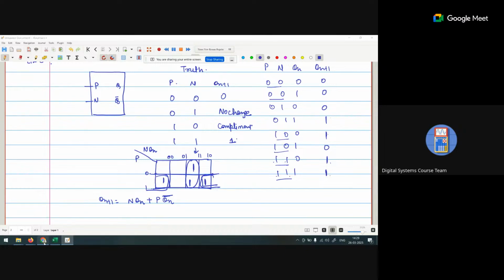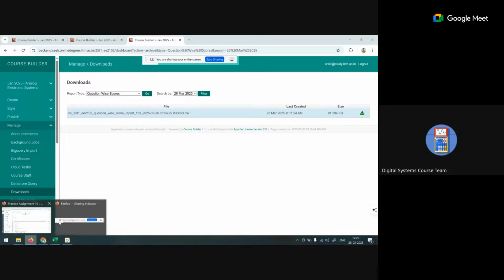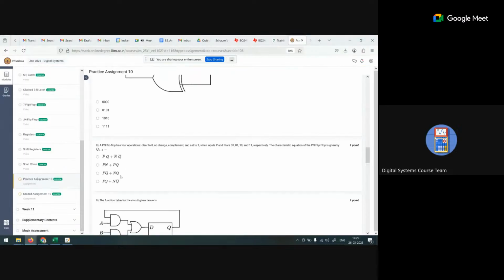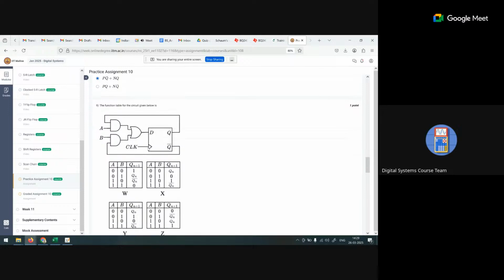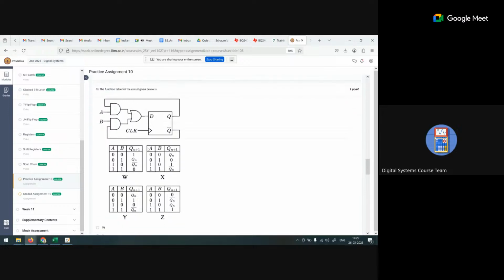So n Qn plus P Qn bar. So this is the third option. Okay, the functional table of the circuit given below.